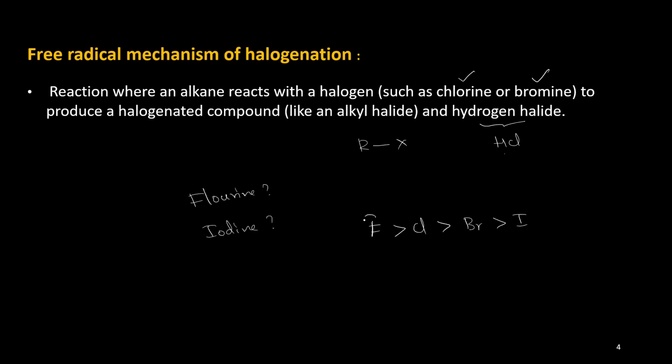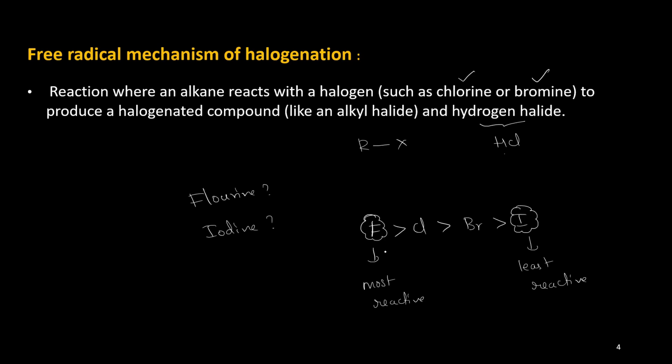The most reactive is fluorine and the least reactive is iodine. So we are not using the most reactive and we are not using the least reactive halogen. They can participate in the free radical mechanism, but we are not doing it with fluorine or iodine.